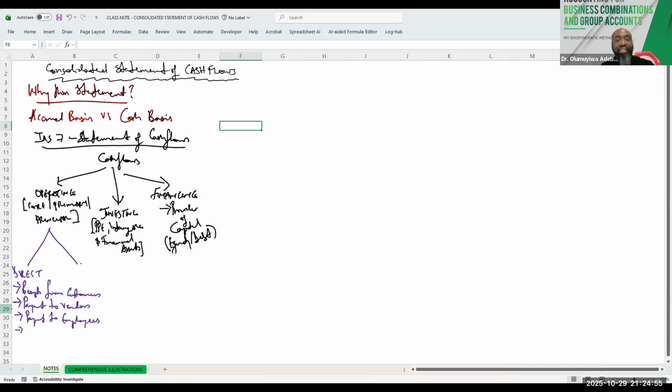We will be looking at activity within our operations that border on payments for other expenses other than purchases. And last, we'll be looking at payments for income taxes.